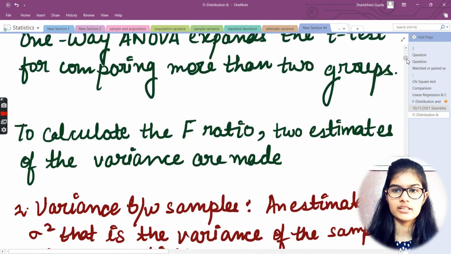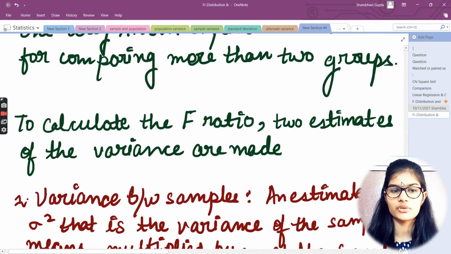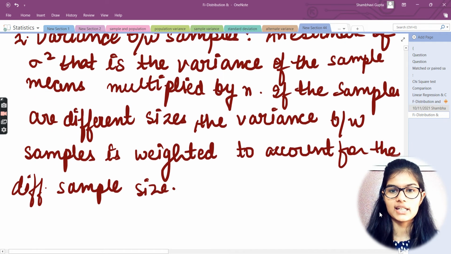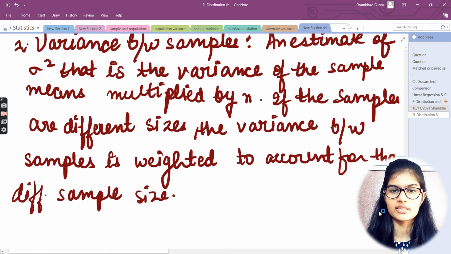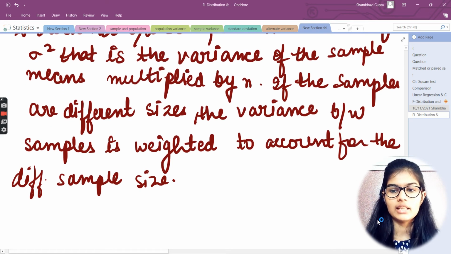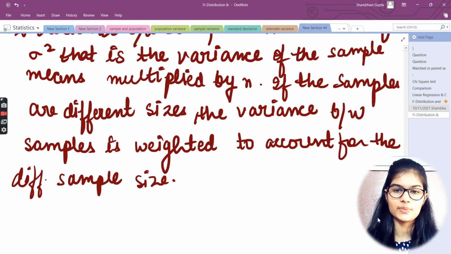Let me revise the variance between samples: it is an estimate of sigma square, that is the variance of the sample means multiplied by n. Now, if the samples are different sizes, then the variance between samples is weighted to account for the different sample sizes. I hope I am very clear on this.